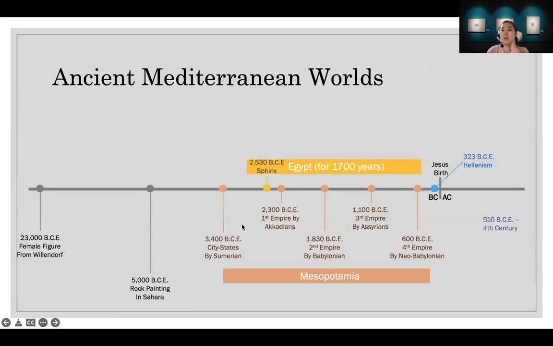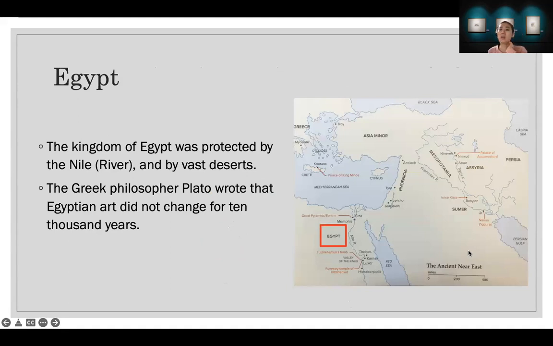So we just saw all the city-states and the empires in the Mesopotamia area, and now let's see Egyptian art. The kingdom of Egypt was protected by rocky, unnavigable stretches of the Nile River, and to the east and the west by vast desert.